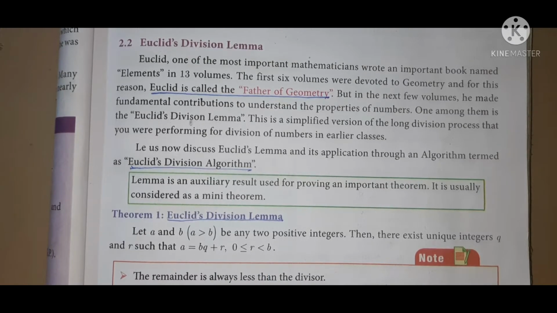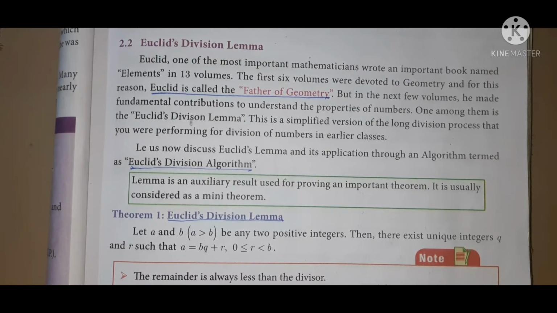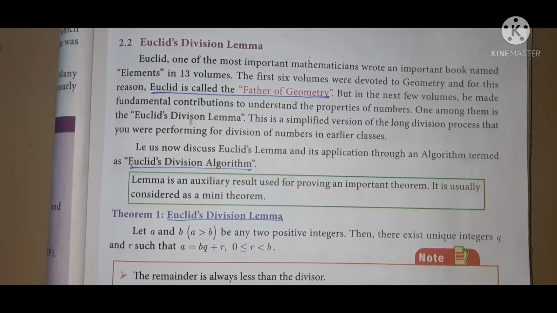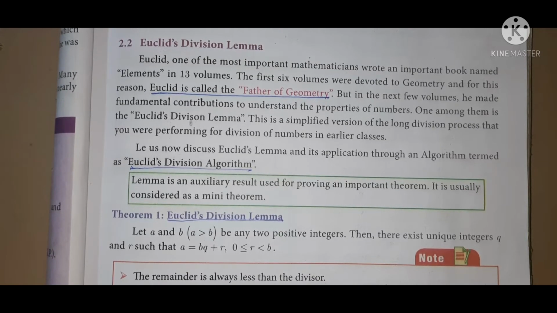That is, a and b are both positive integers. a is divided by b. a is the dividend, b is the divisor, the quotient is q, and the remainder is r. So, the dividend is equal to divisor into quotient plus remainder. The remainder is always less than the divisor or equal to 0.